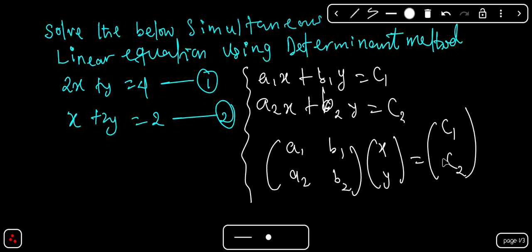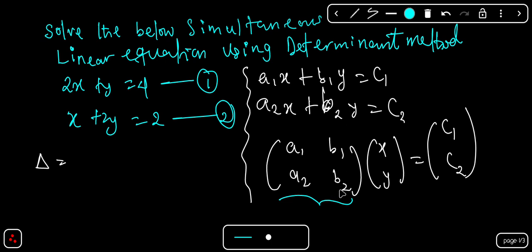Now for us to make use of the determinant method, we have the general determinant, which is denoted by delta. This matrix consists of all the coefficients of x and y in the given equation, so that's what we use to find the general determinant.